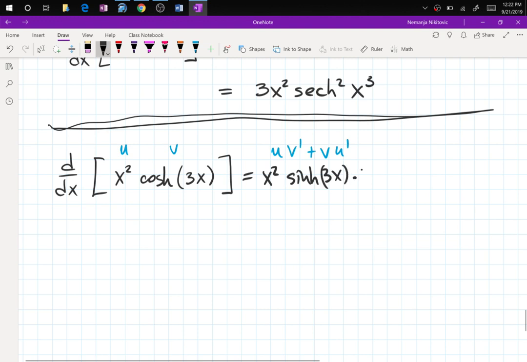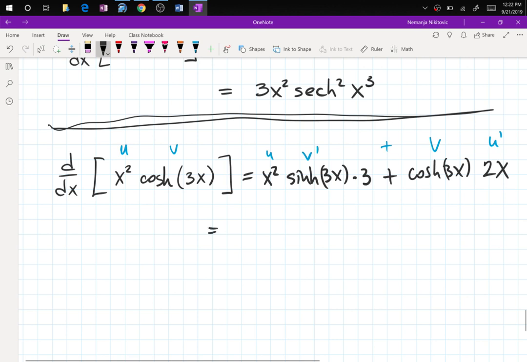And then we have to multiply by 3 because that's our chain rule for this one, because it was not x, it was 3x. Plus, copy the second one, which is cosine hyperbolic 3x, times the derivative of the first, which is 2x.